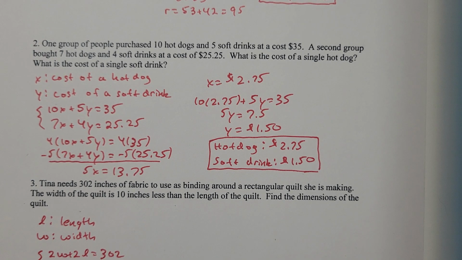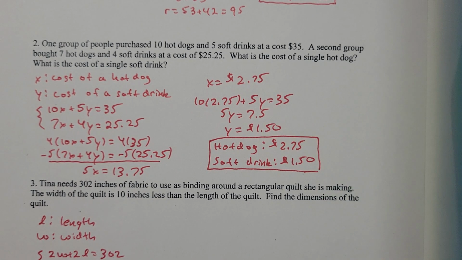No. We don't need to know the number of hot dogs and the number of soft drinks. We need to know the cost of a hot dog and the cost of a soft drink. So be specific when you're describing X and Y for the system.